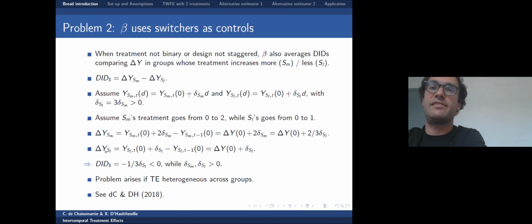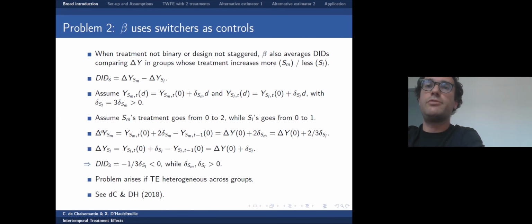Similarly, the switching less group, in period t, they receive 1 unit of treatment, so their outcome is their untreated outcome plus their treatment effect, minus their outcome in period t-1, which is just their untreated outcome.